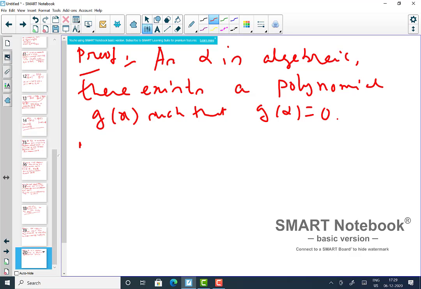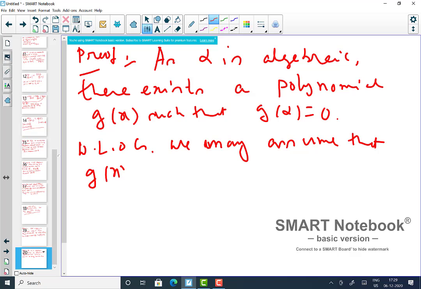Without loss of generality, we may assume that g(x) is monic.